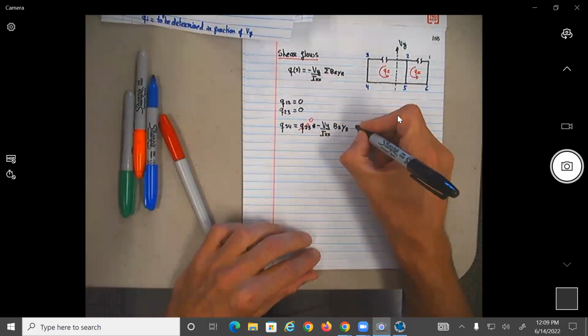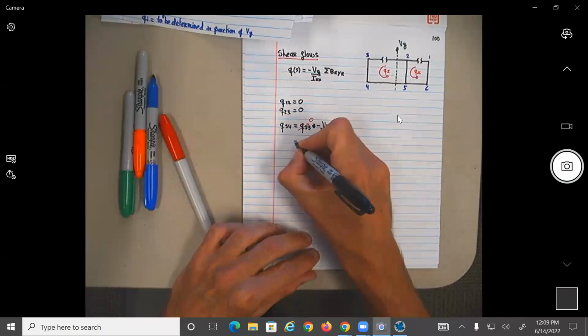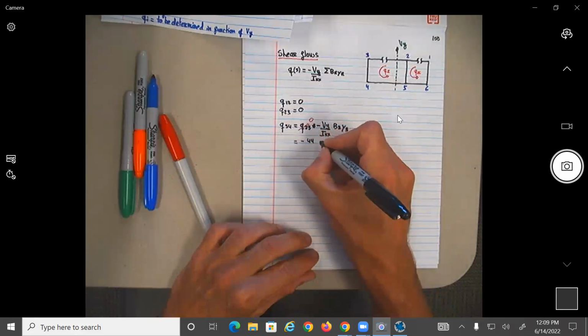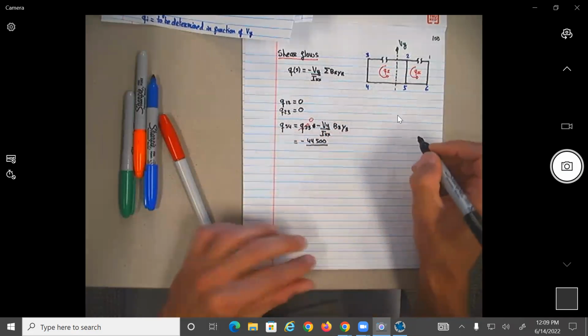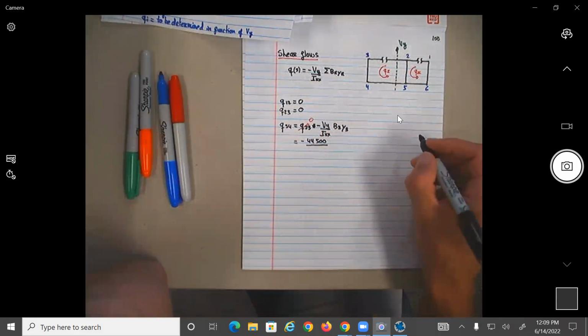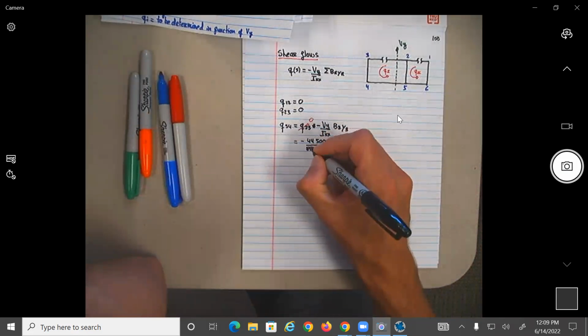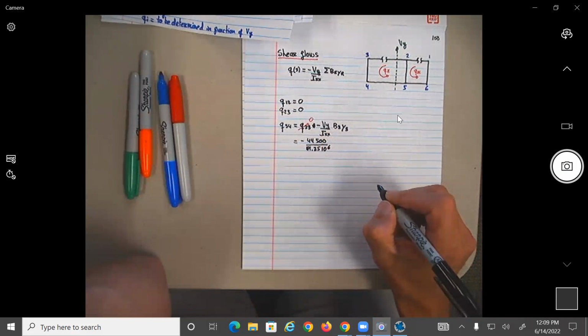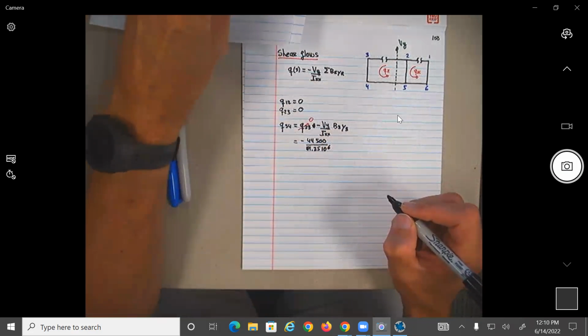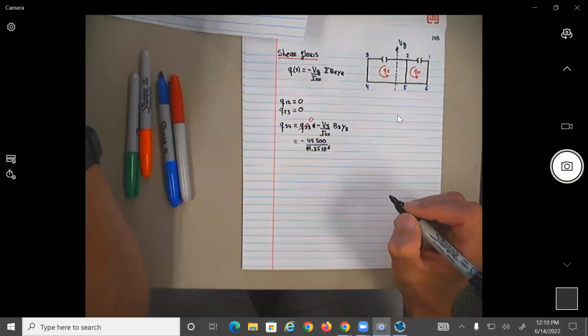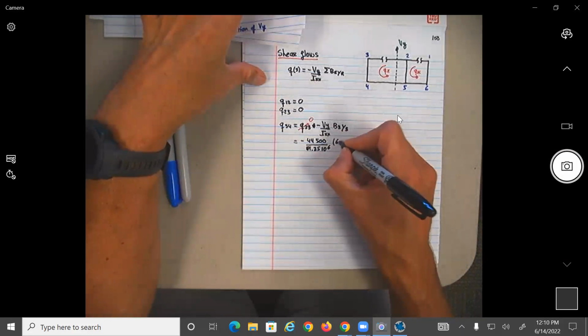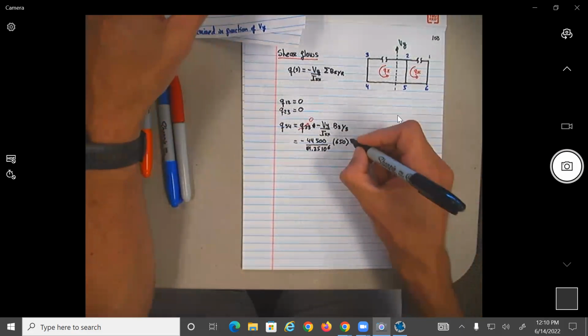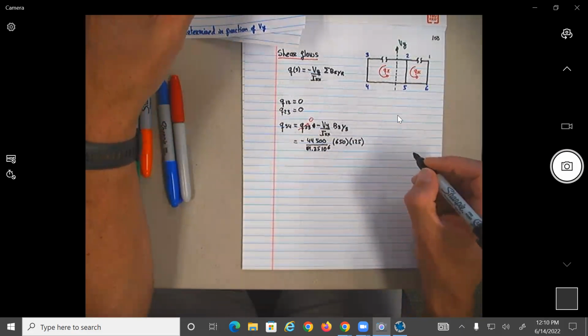So this should be equal to, let's do it here by line, minus 44,500 divided by Ixx, which we found to be equal to 81.25 times 10 to the 6. What is B3? B3 is equal to 650. And Y3 is 125. And all this is Vy.